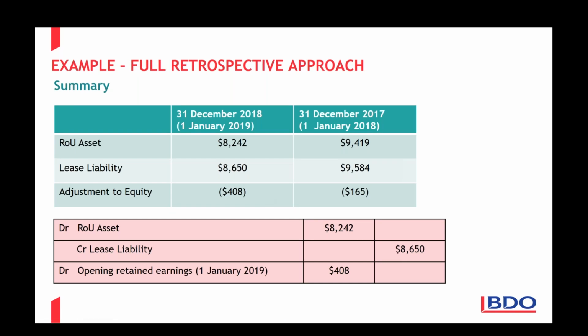So if we are looking at entities putting in a lot of liabilities, yes, they're also going to put in right of use assets, but the right of use asset will often be less than the liability, and there will be a big downward adjustment to equity under the full retrospective approach. And the question is, if that wipes out your retained earnings at 1 July 2019, how are you going to declare dividends? So that's an important thing to think about.